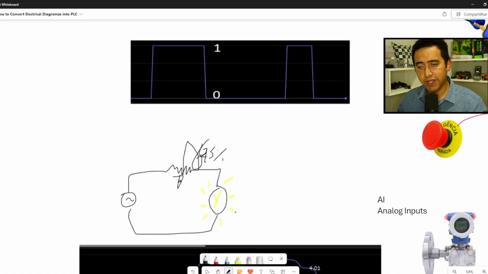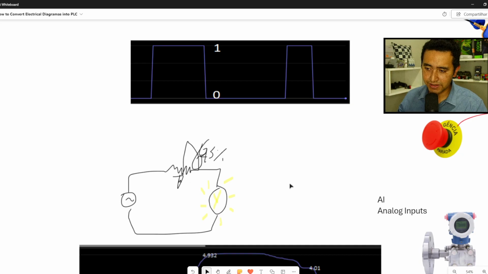That is why we call this an analog signal: it can take a lot of states, a lot of values, not like digital, which is 0 or 1.